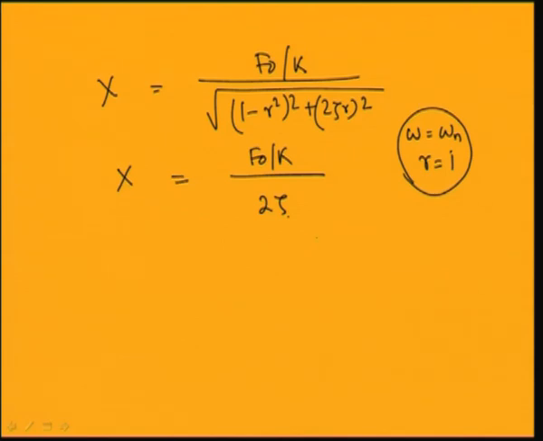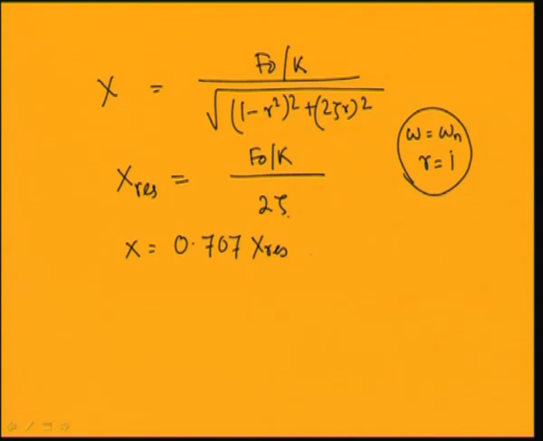So, I can consider the amplitude when this amplitude equals Q by root 2, or x by root 2, or 0.707 times this resonance amplitude. So, x resonance equals f0 by k by 2 zeta. So, I can take this x value at 0.707 times x resonance.